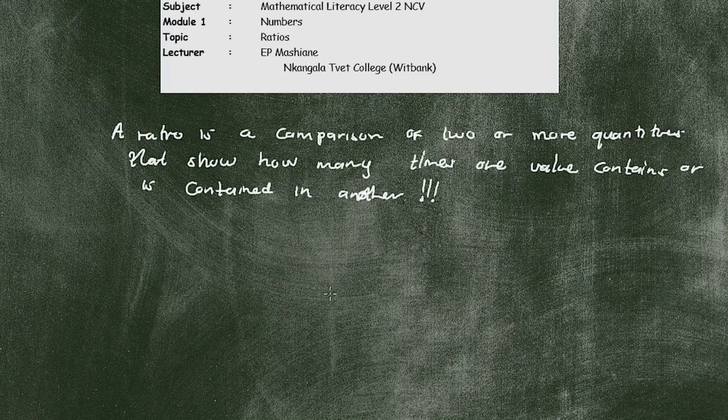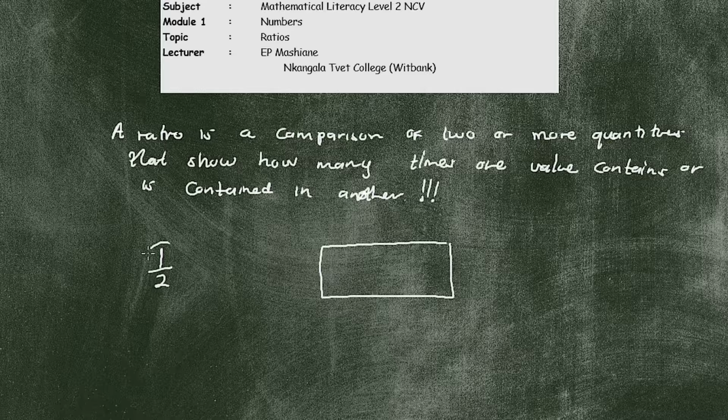So let's say for example I have this 1/2. By the way, a fraction is also considered what? A ratio. Numerator to denominator. How many parts of the denominator are found in the numerator?